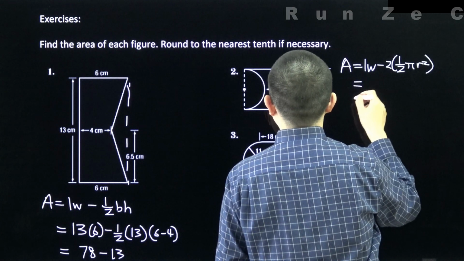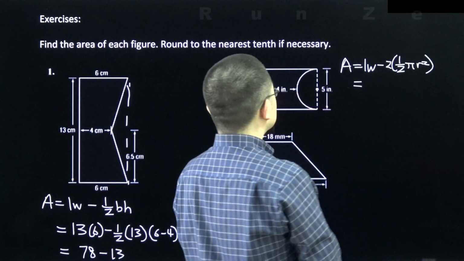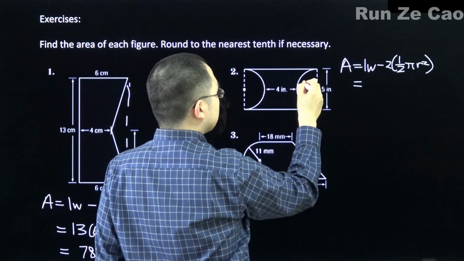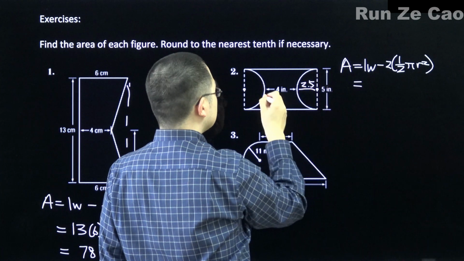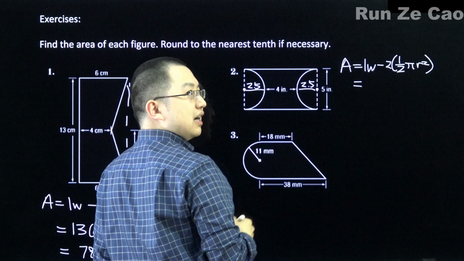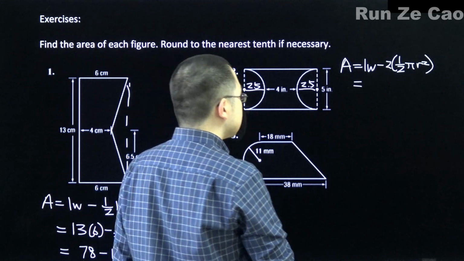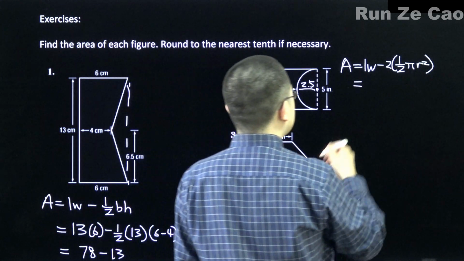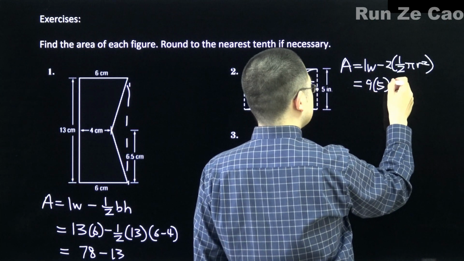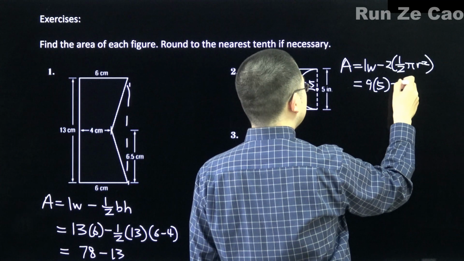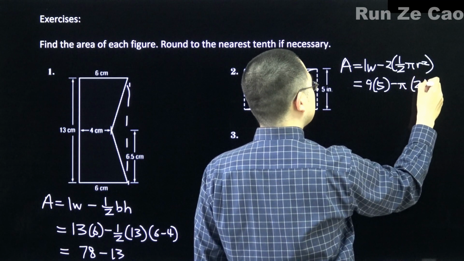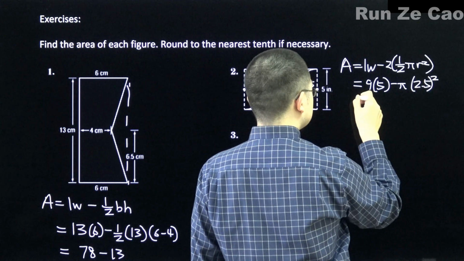So length is, we know that this part is going to be 2.5 inches and this part is also 2.5 inches because they are half the diameter each. Therefore, we're looking at 9 inches times 5 inches minus pi r squared, pi, and then radius is 2.5 squared.